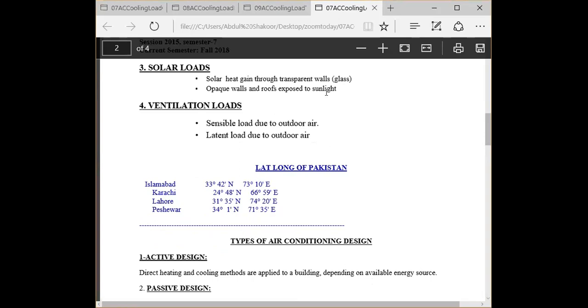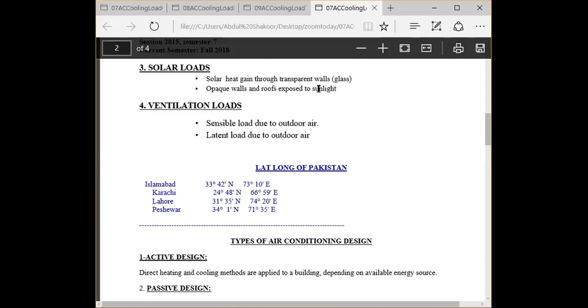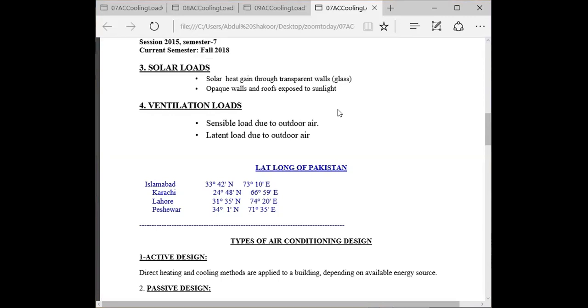Now, engineers will learn that a lot of data is required for this. Actual experimental, actual observed data or calculated data is required to calculate this solar heat transfer. So we will tell you which sort of tables are necessary.